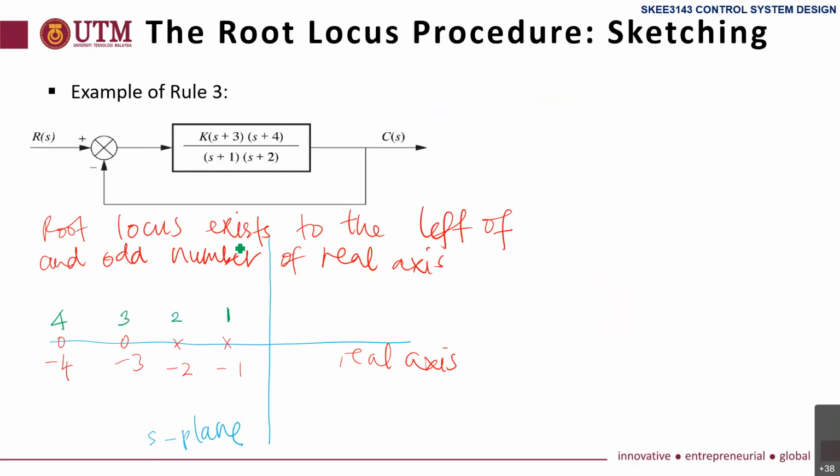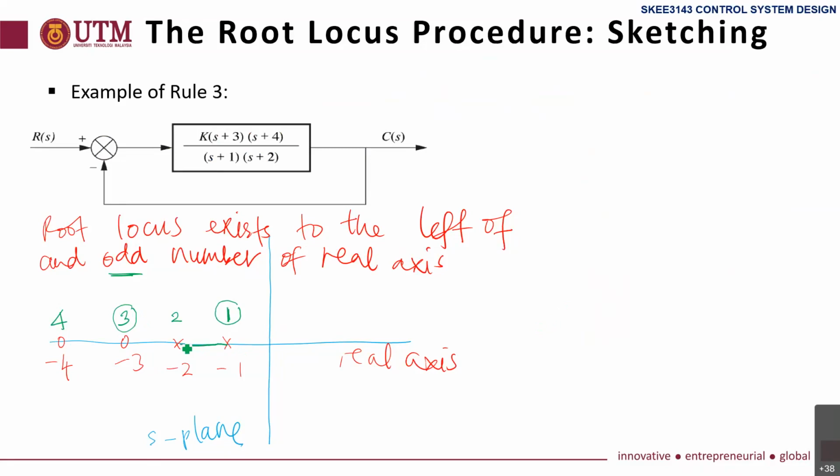So root locus exists to the left of an odd number. Odd number 1, number 3: they exist to the left. So there will be no root locus on the right of this. It exists to the left.